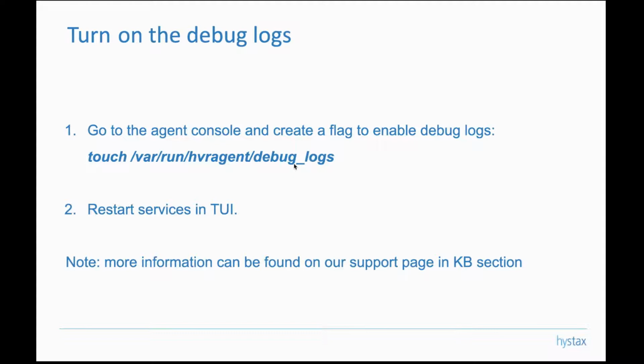This is a file that is created with touch, for example. An empty file that is a flag for the replication agent that it needs to start writing the debug level logs. And once the file is created, we just need to restart the service.